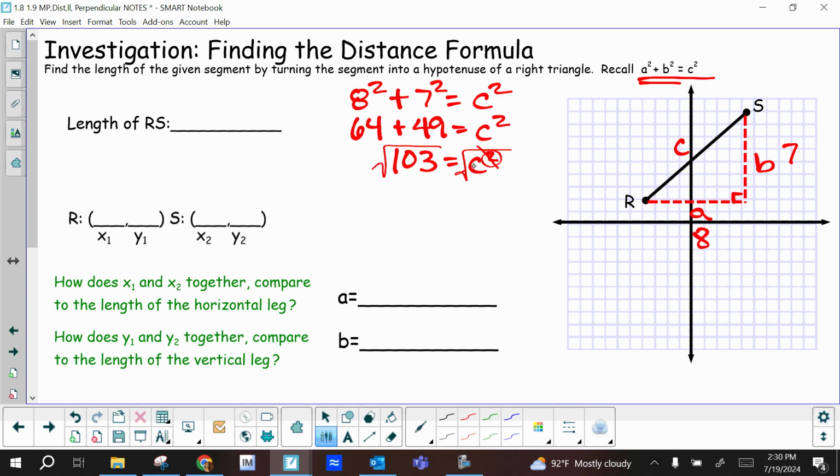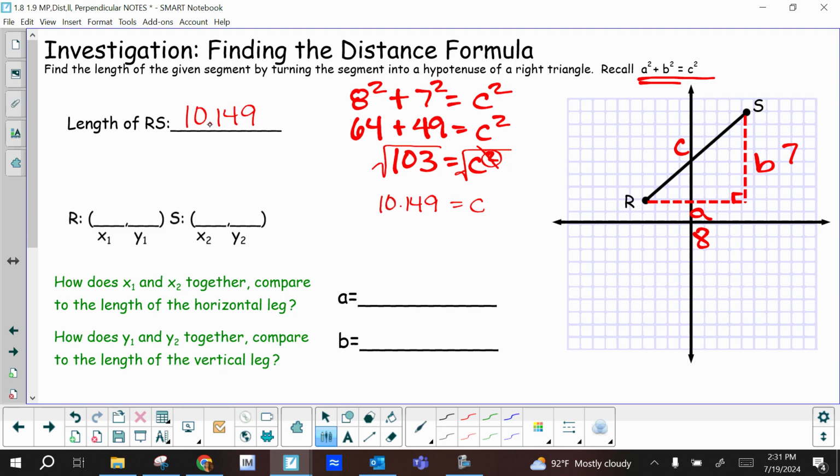So that's the property of equality to keep it equal. C is now by itself, and so the square root of the sum I'm going to put in my calculator, and that is 10.149. Okay, so that is the length of RS, using the Pythagorean theorem, something you were taught a while back.